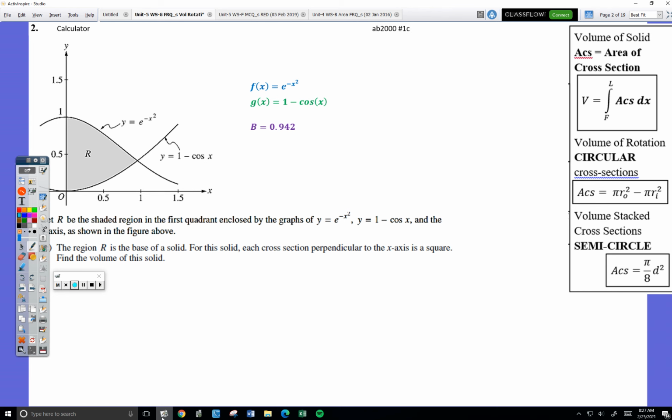Just gotta keep looking. So the slices are squares like this.